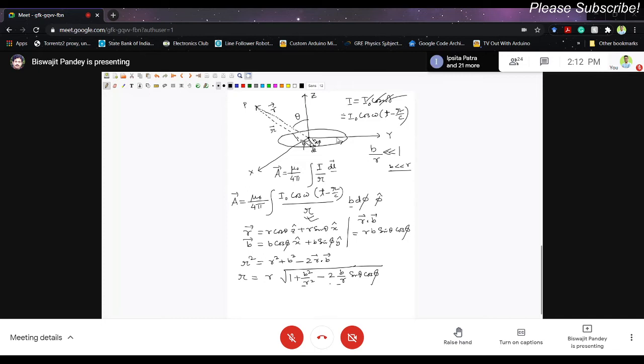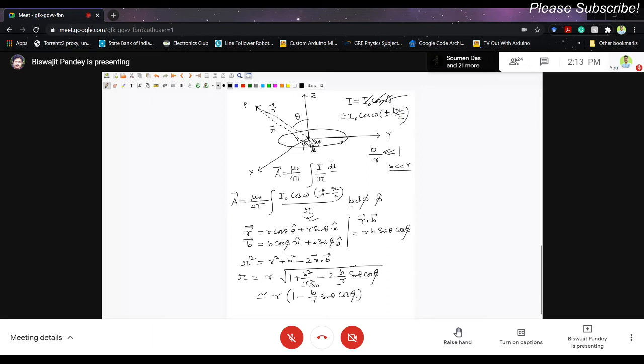Of course you can keep all of them, but one term will be much smaller. Because b by r is a small number, you can Taylor expand it: curly r equals r times 1 minus 2 b by r sine theta cos phi to the power half, which is 1 minus half into that. The 2 and 2 cancel, so curly r equals r times 1 minus b by r sine theta cos phi.